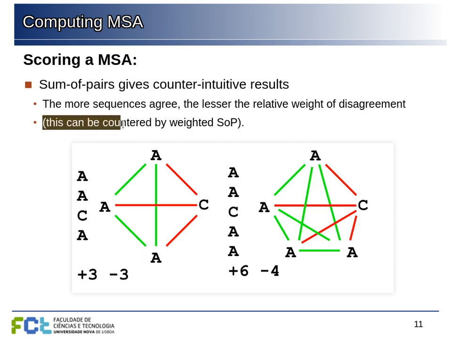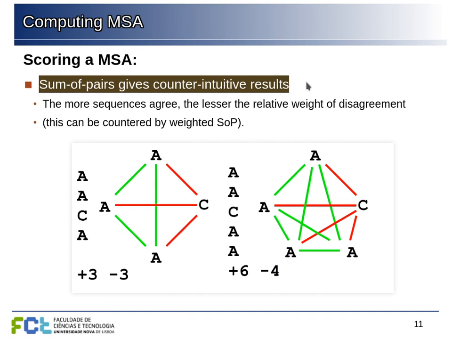This can be countered by weighting, for example, if sequences are very similar, we aggregate them and give lower weight to each of them and things like that. But this is a very common scheme for scoring multiple sequence alignments, but we need to be careful because it can give these strange results of overestimating the importance of these mutations.